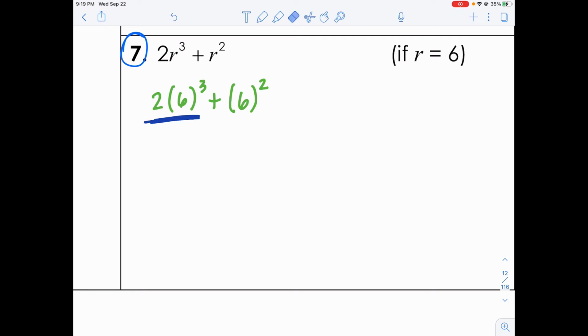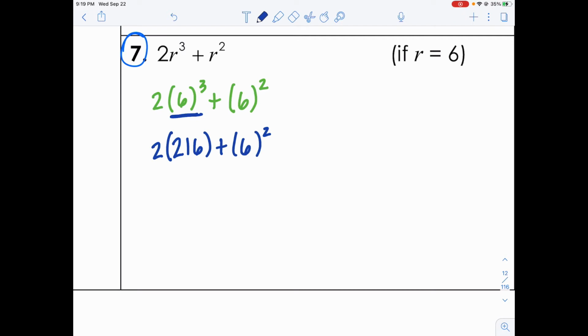And order of operations says I have to do the exponent first, which means I have to do 6 to the third power before I can multiply it by 2. 6 to the third power is 216, and I'm going to leave it in parentheses, and I'm going to bring down this 2 in the front because I have not yet multiplied by 2, bringing down plus 6 squared.